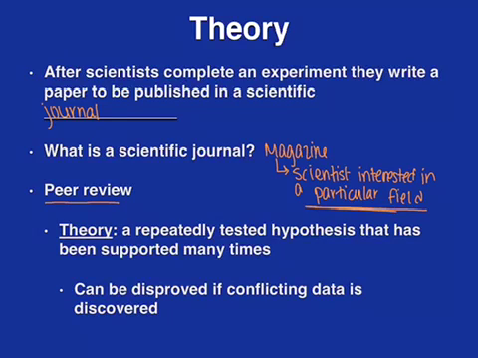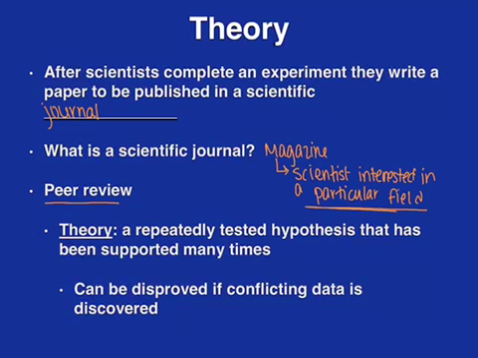Sometimes then this can lead to a theory being developed, which is a repeatedly tested hypothesis that has been supported many times. So after the peer review and the article gets published, a bunch of other farmers could see her experiment and her design, and they could start to mimic it in their own fields to see if they get the same result.